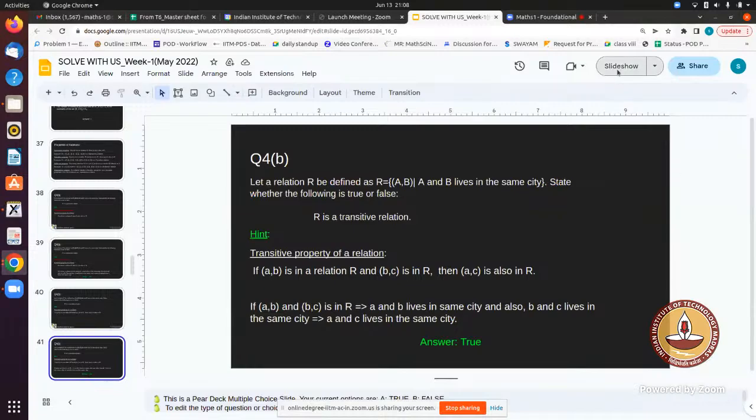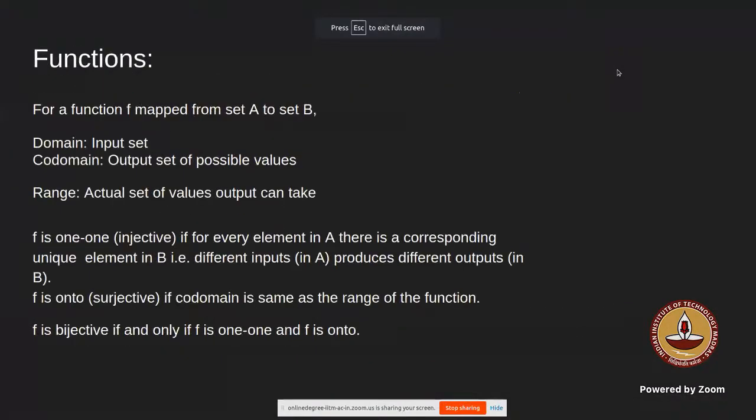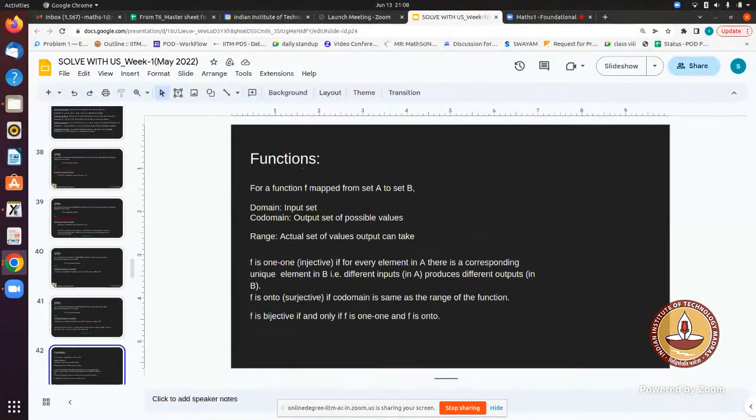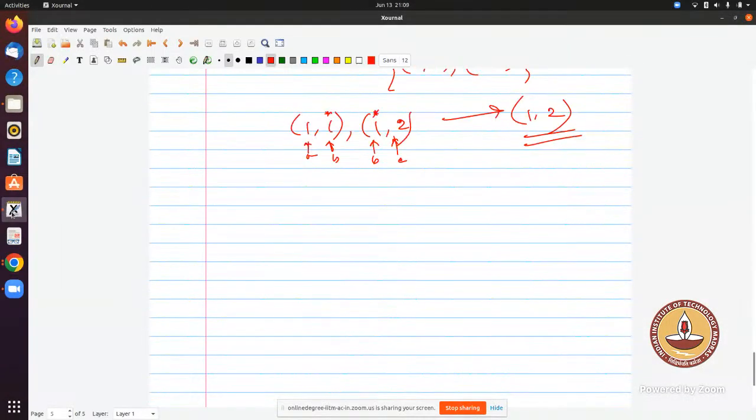Okay, now let's move to functions. Let's go to functions. So a function can basically be treated as a machine. Let me draw a diagram here.